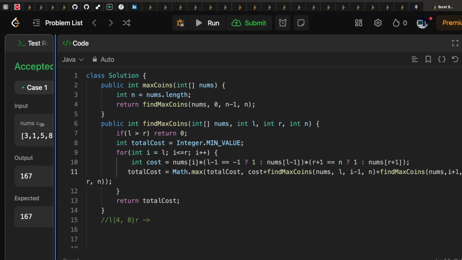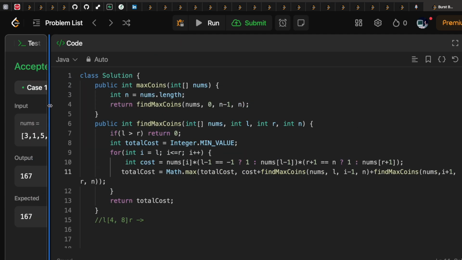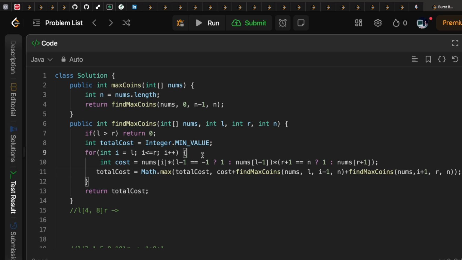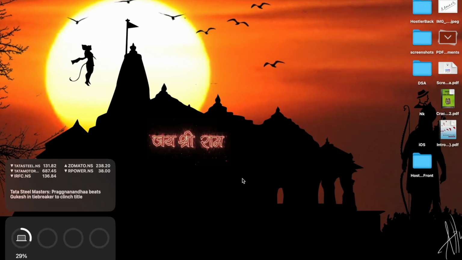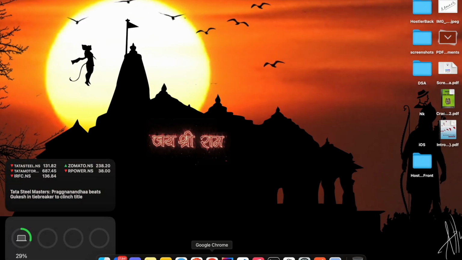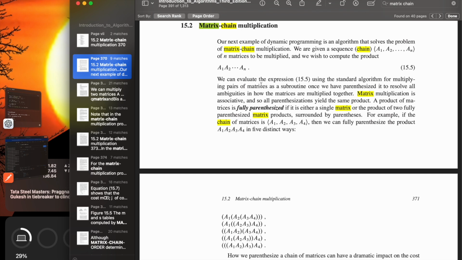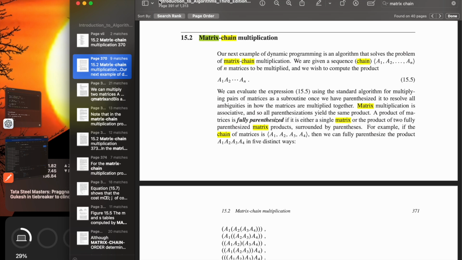Okay, so I think the logic is correct. So I have actually gone through this particular topic on introduction of algorithms, which is matrix chain multiplication.